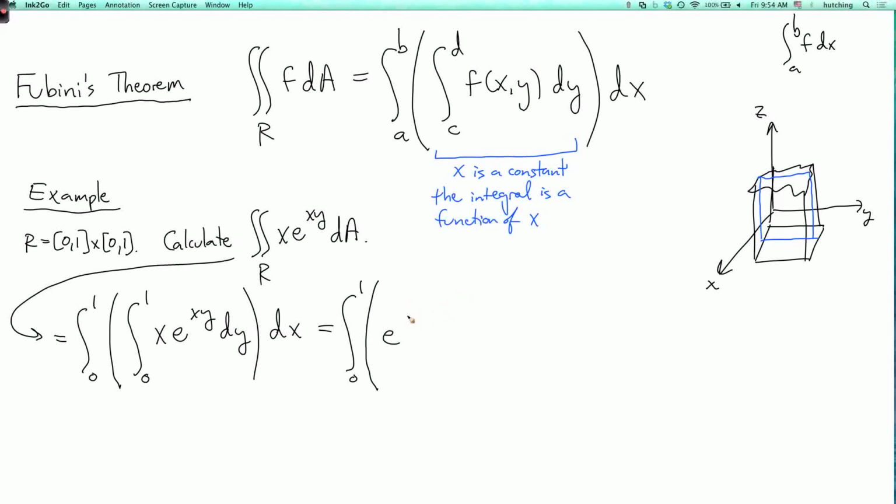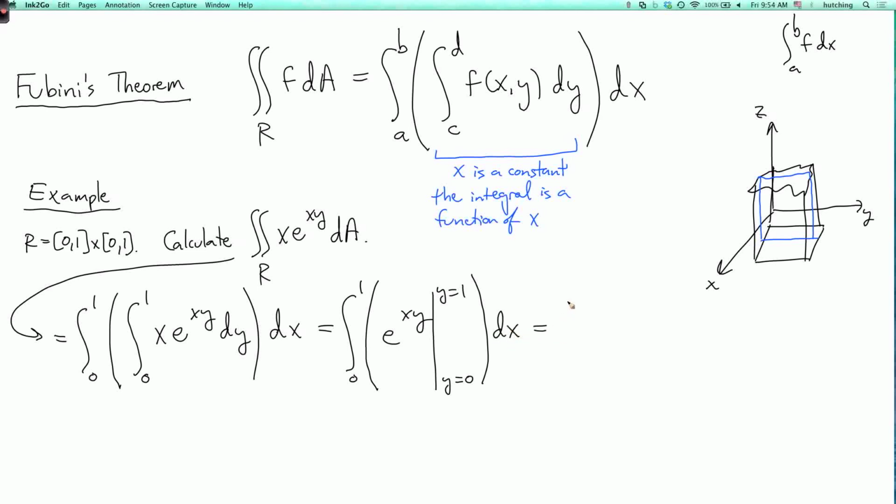You just take e to the xy, because the derivative of this with respect to y is itself, and then you have to multiply by x. Okay? And then we have to evaluate this at y equals 1 and y equals 0. And then whatever we get, that depends on x, and we integrate it over dx.